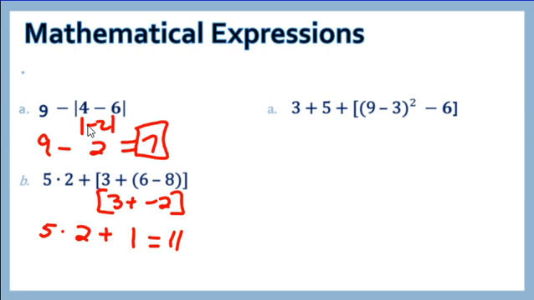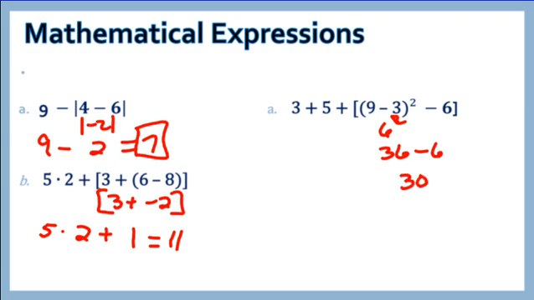And the third example on this page, 3 plus 5 plus brackets, parentheses, 9 minus 3 squared minus 6. So I need to do parentheses first. 9 minus 3 is 6. Then I square it, which gives me 36, minus 6 gives me 30.